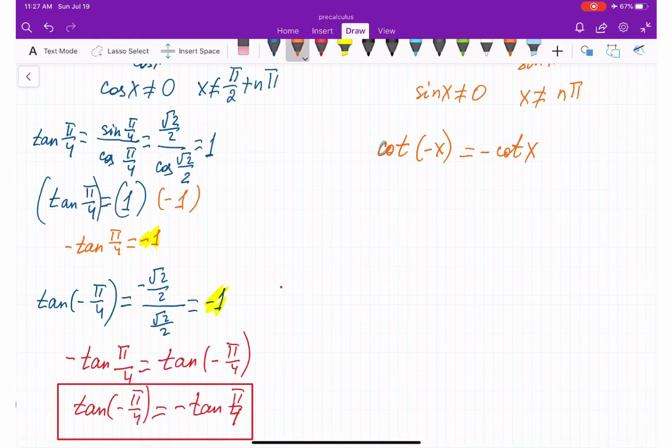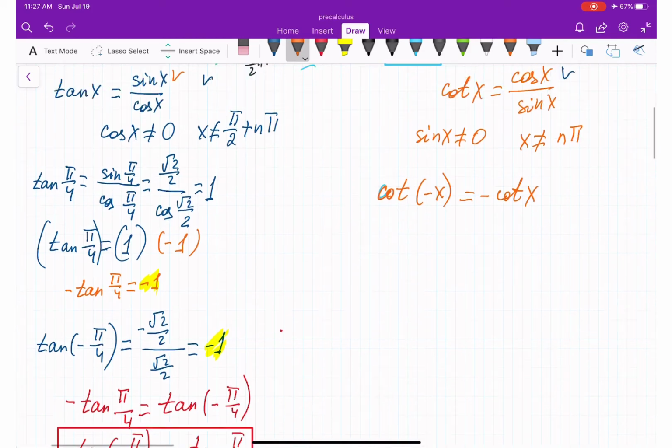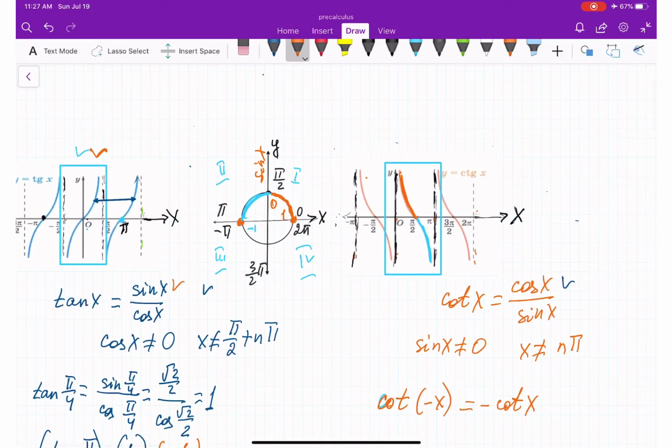Okay, let's also explore domain and range. So what is happening to domain for cotangent? The cotangent x for domain, x can be any value but 0, pi, 2 pi, negative pi, so based on a period change.